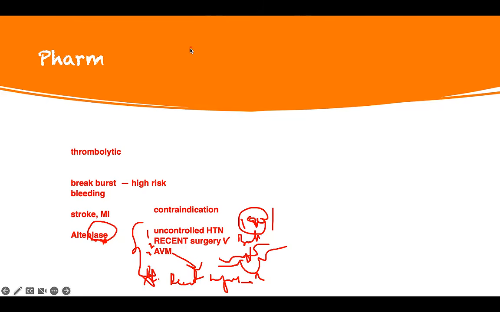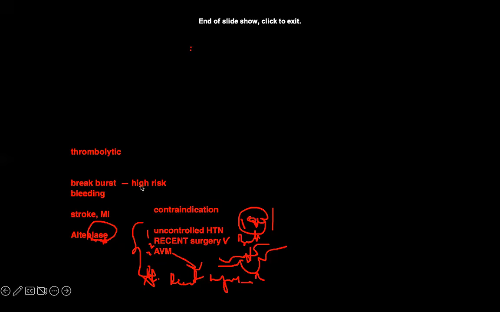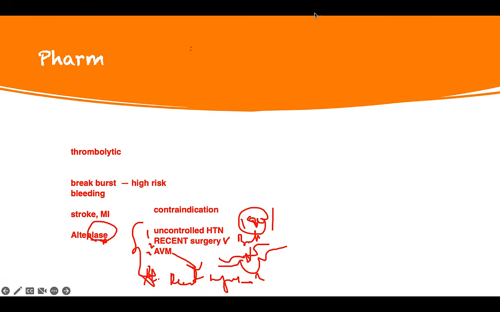Thrombolytic. Hematology is dry, but there's a lot of information, and so we will do some questions. And what is AVM? Arteriovenous malformation. So you have the artery and the veins together.